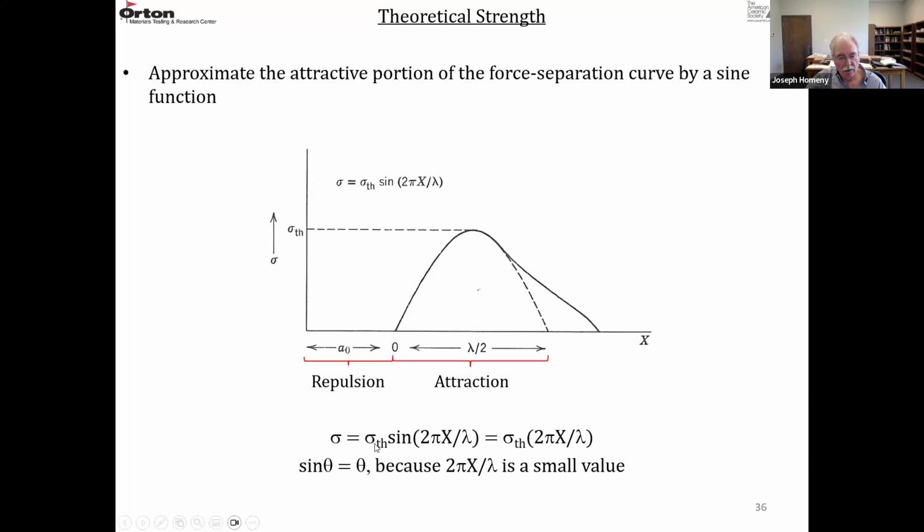So sigma equals the theoretical strength times the sine of 2 pi x over lambda. And this number here, 2 pi x over lambda, is a really small number. So the sine theta just becomes theta as an approximation. So the strength just equals the theoretical strength times 2 pi x divided by lambda.